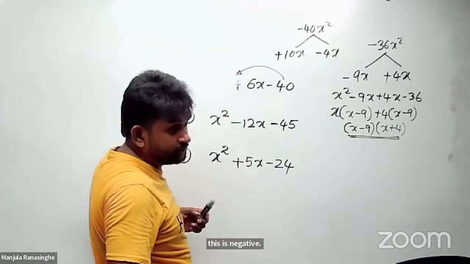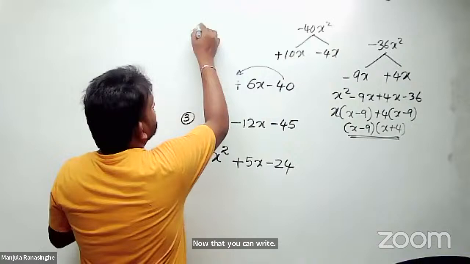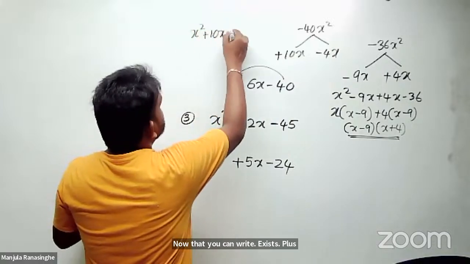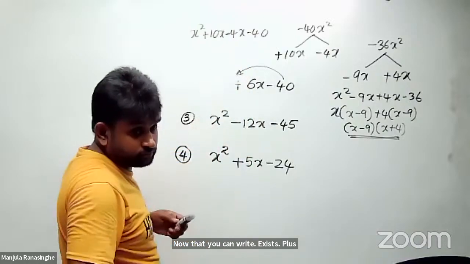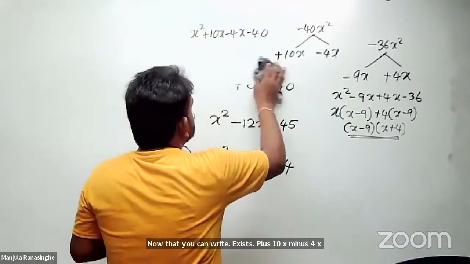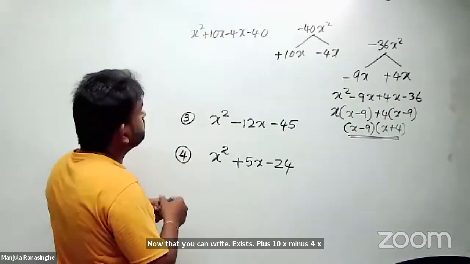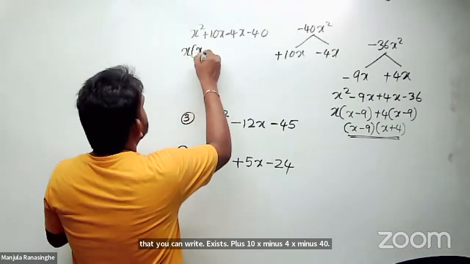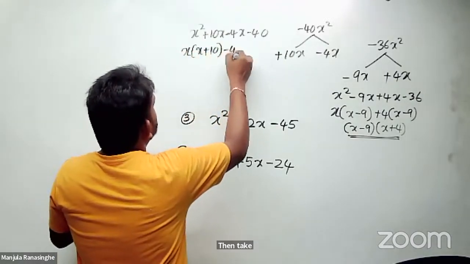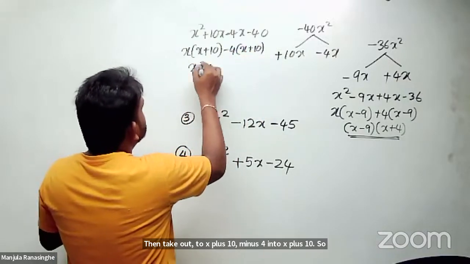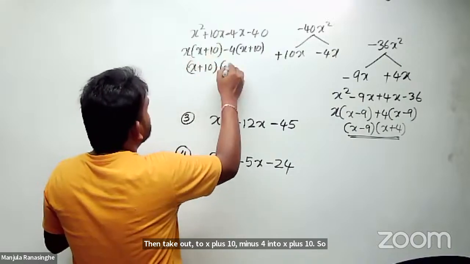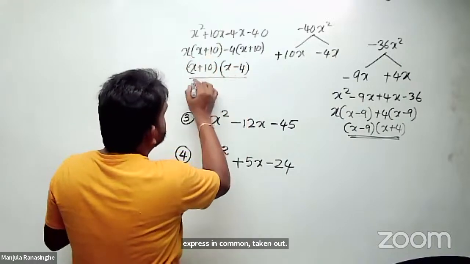Now you can write x squared plus 10x minus 4x minus 40. Then take out x into x plus 10 minus 4 into x plus 10. So x plus 10 is taken out common, then x remains and here minus 4.